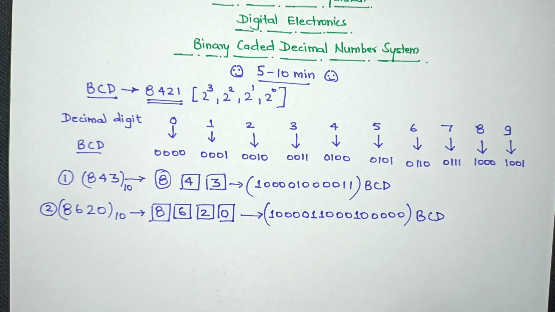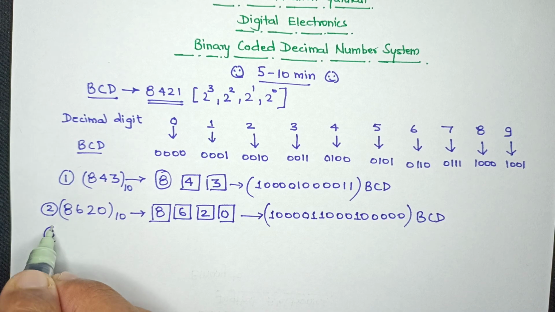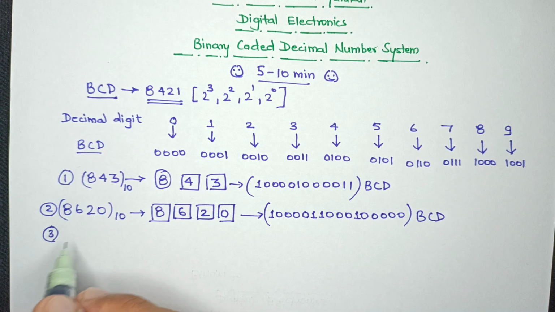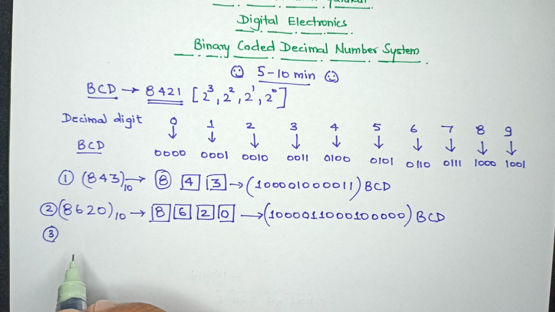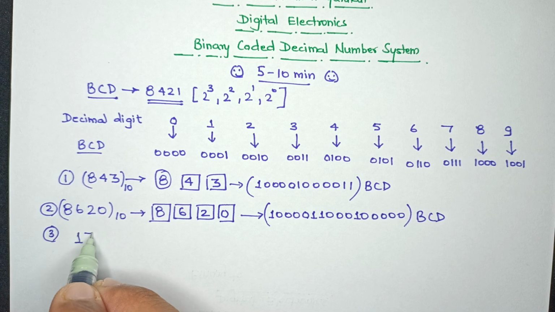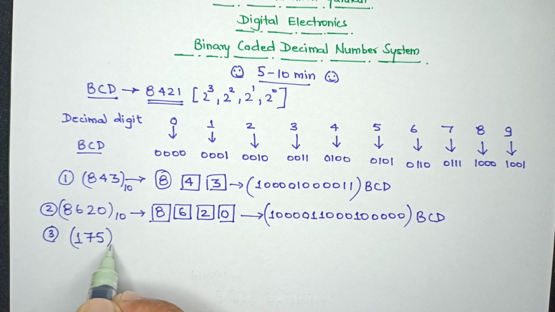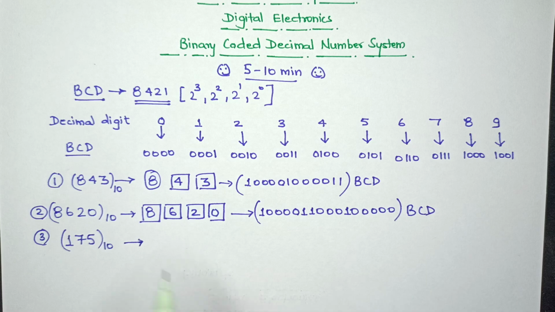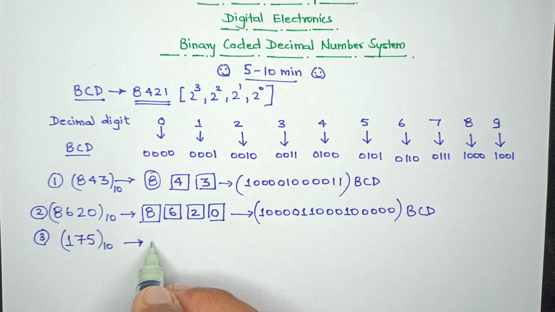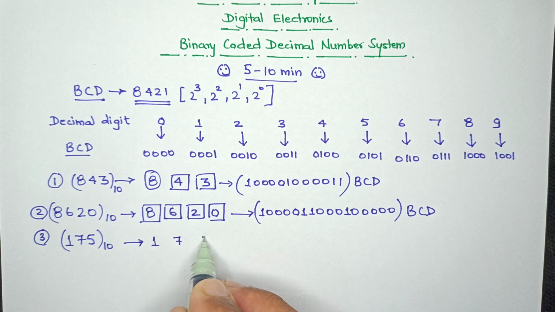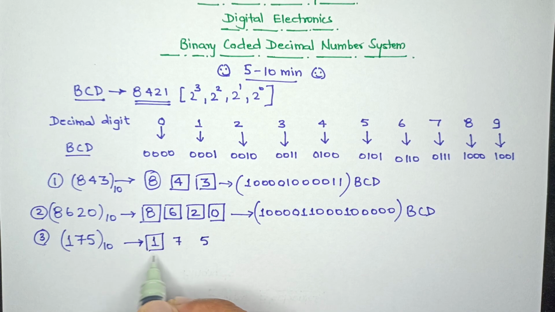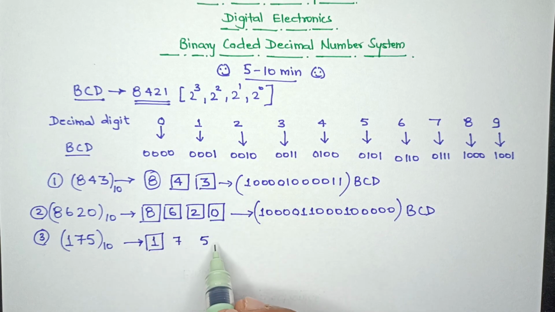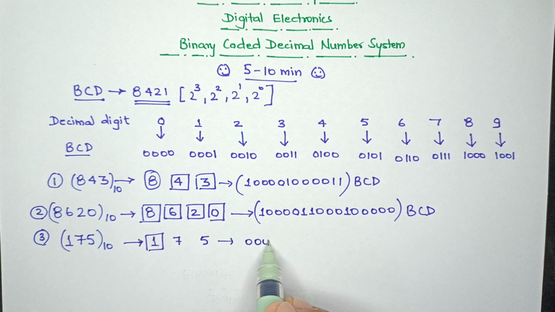Now let us take one more example, and in this case a little higher concept. Let us convert 175, a decimal number, into a BCD code. Right here what we have is 1, 7 and 5. The first one is 1, which is represented by 0001.